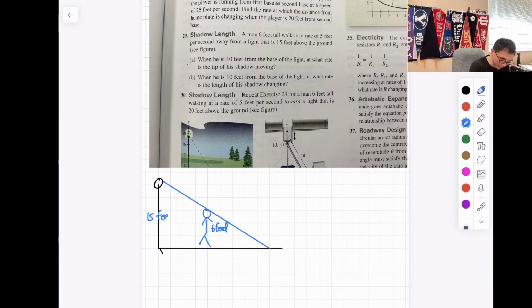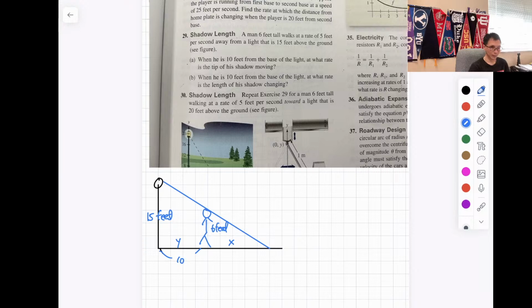Do you guys have this diagram drawn on your picture? Yeah. Okay. Now this is 10 feet, but the 10 feet is changing, so it's not constant. That 10 might throw you off a little bit. So I'm gonna assign, just like I assigned before, this as x.